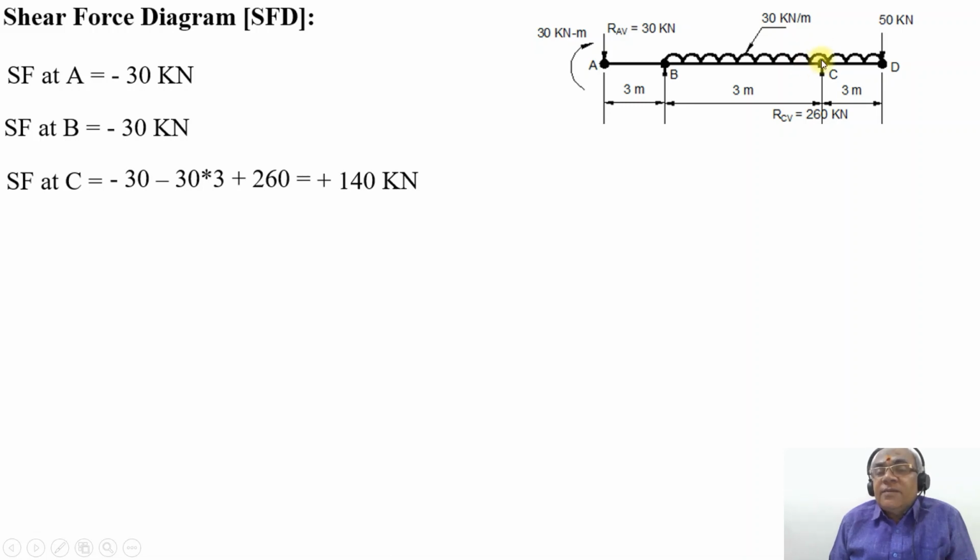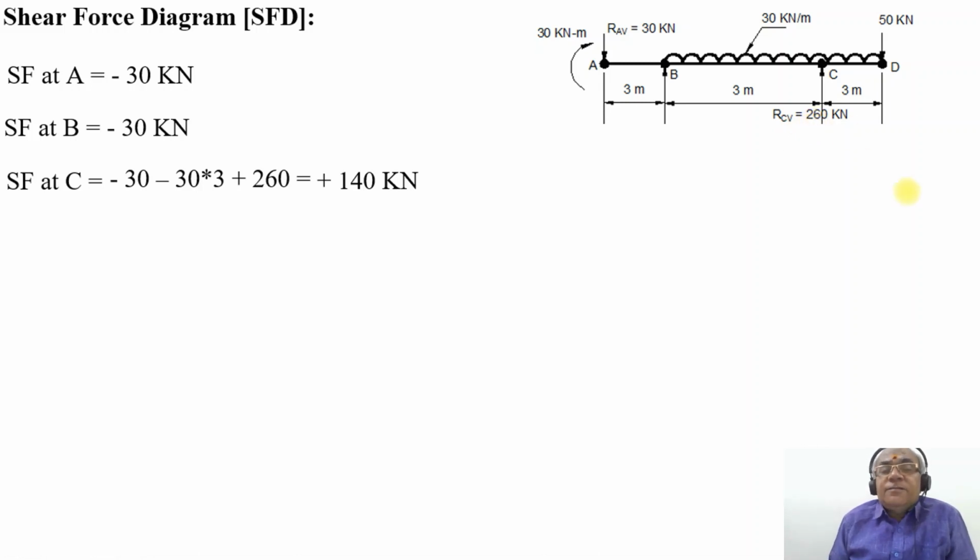If you are considering SF exactly at this point, we need to consider the vertical reaction, which is plus 260 kilonewton. So minus 30 into 3 becomes minus 90, minus 30 gives minus 120, plus 260. You will get plus 140.